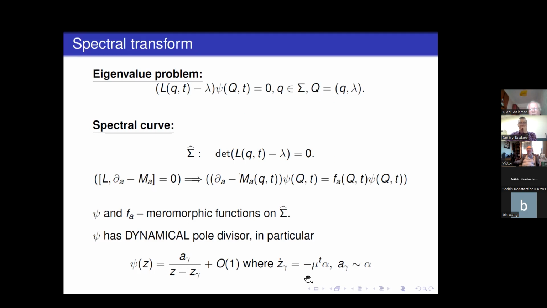And what is known is that the numerator, which is a vector column, is proportional to alpha. Okay.